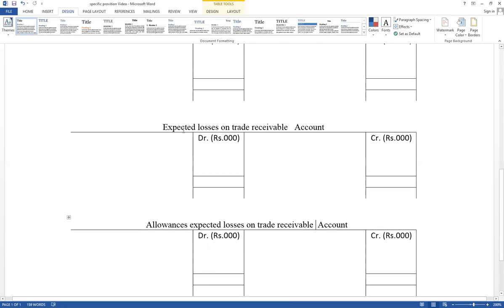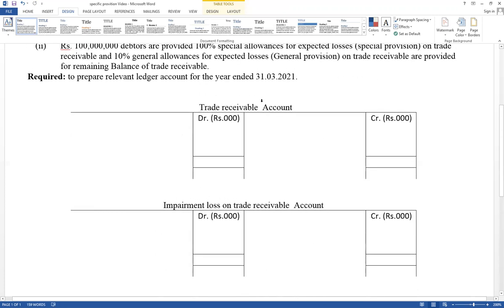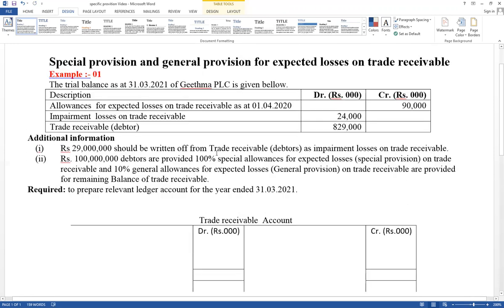And expected losses on trade receivable is equal to the doubtful debts expense account. And impairment loss on trade receivable is equal to the bad debts account. And trade receivable is the debtors account. Based on the new syllabus, we have to use these words.